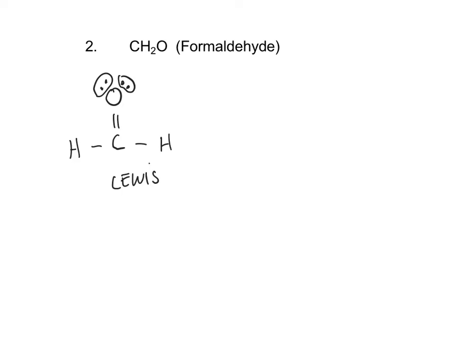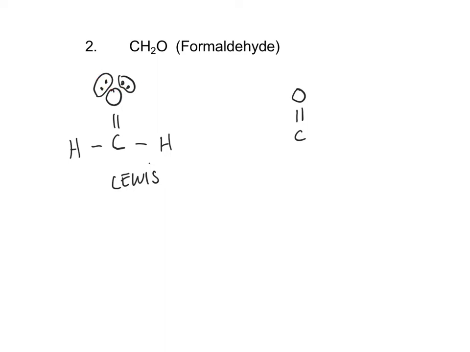The VSEPR structure is based on the idea that the carbon has 1, 2, 3 groups of electrons, and then the oxygen has 1, 2, 3 groups of electrons.